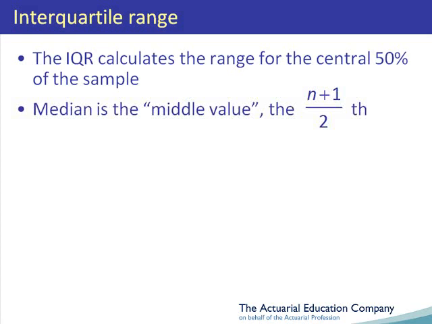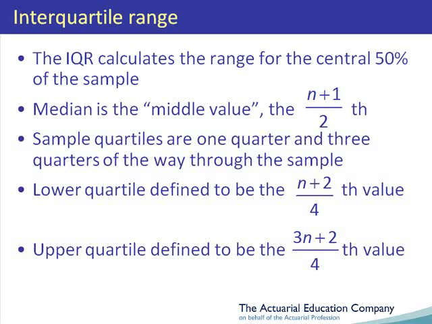In a previous unit, we defined the sample median to be the value in the middle of the sample, 1/2 of the way along the distribution. In the same way, we define the lower quartile to be 1/4 of the way through the sample, and the upper quartile to be 3/4 of the way through the sample.